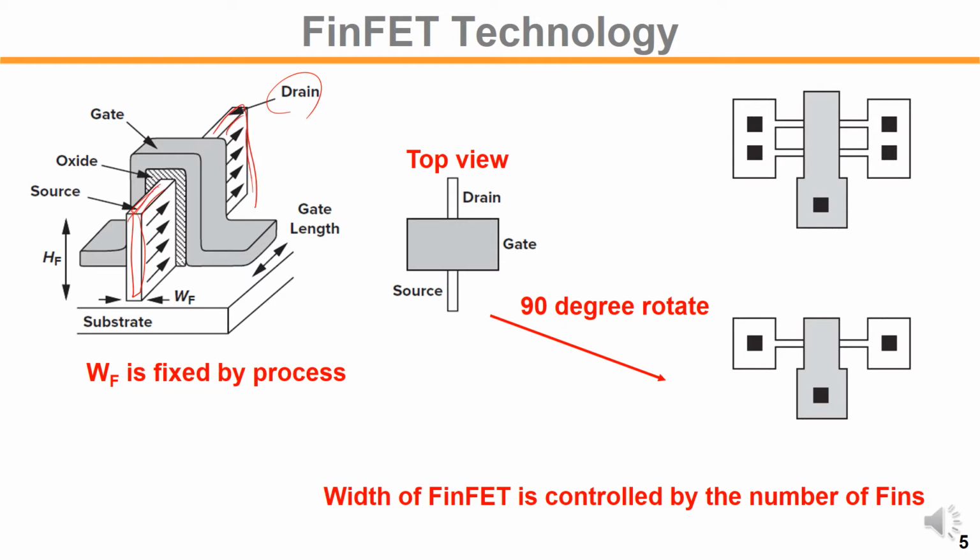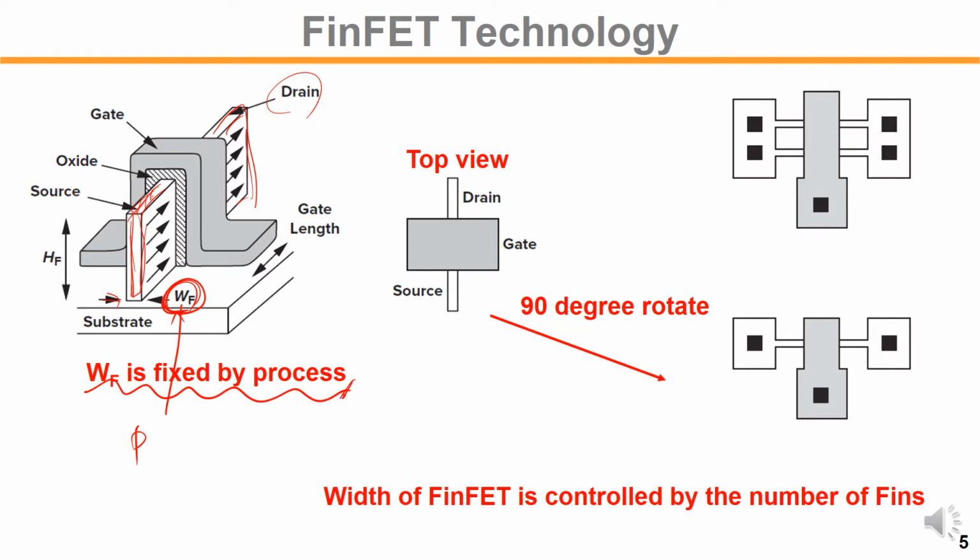So we have the source and drain in a vertically very narrow wall, and then the gate is surrounding them. In this case, the width of the source and drain in FinFET technology is fixed. This is provided by the process, so fixed by process.